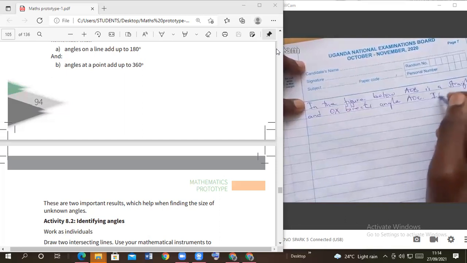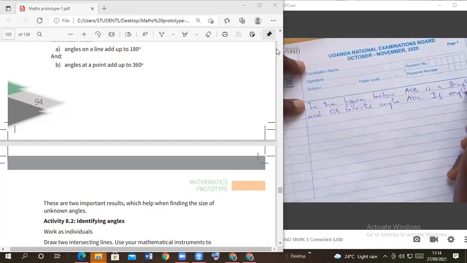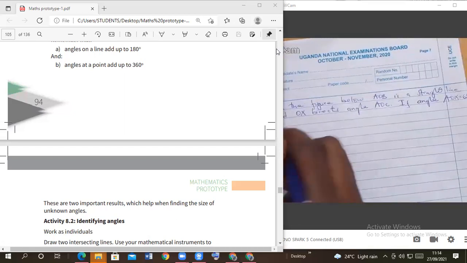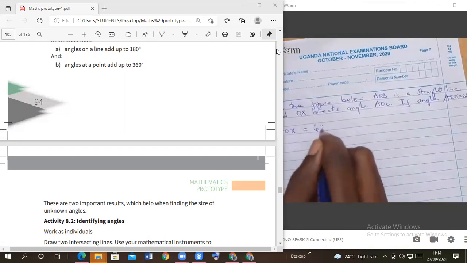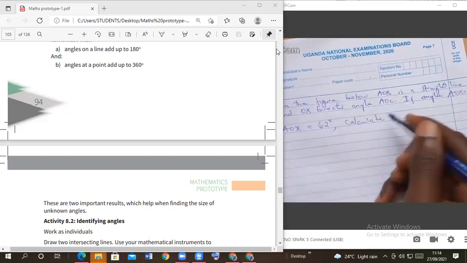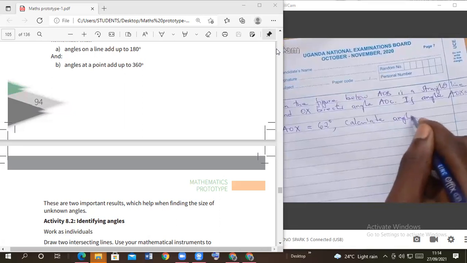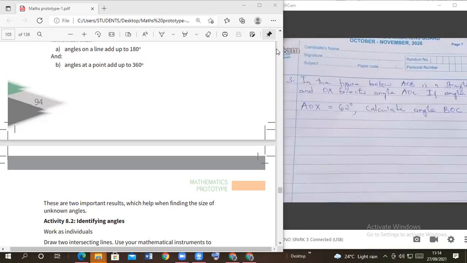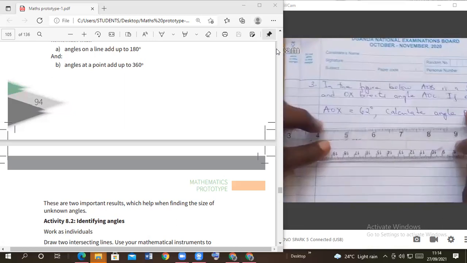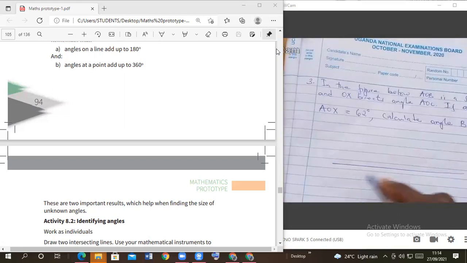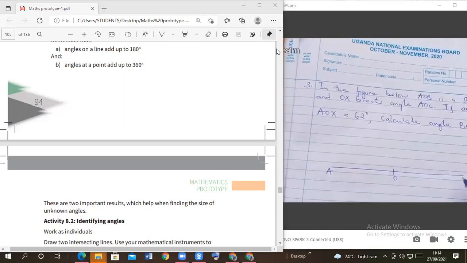If angle AOX is equal to 62 degrees, calculate angle BOC. The figure is here. Let me draw for you. We have A, O, B.